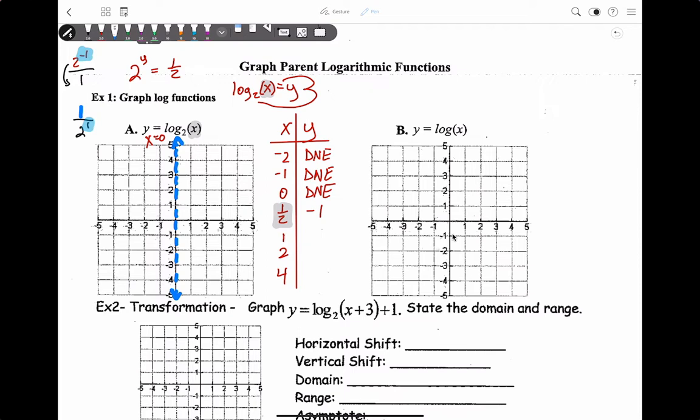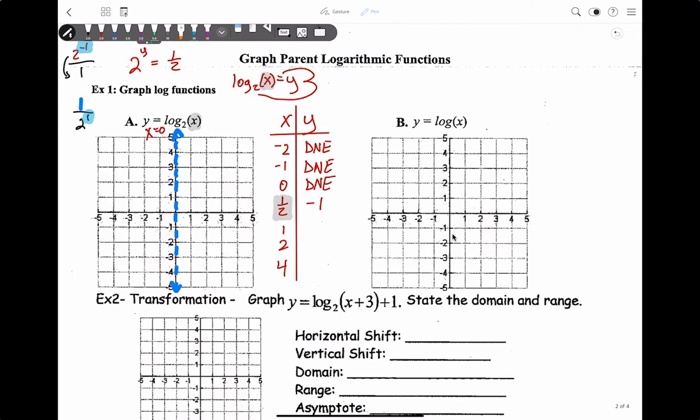Okay, so now in this equation right here, if I put a 1 for x, then I'm asking myself, 2 to the power of something is equal to 1. Remember, this is 2 to the power of y is equal to x.